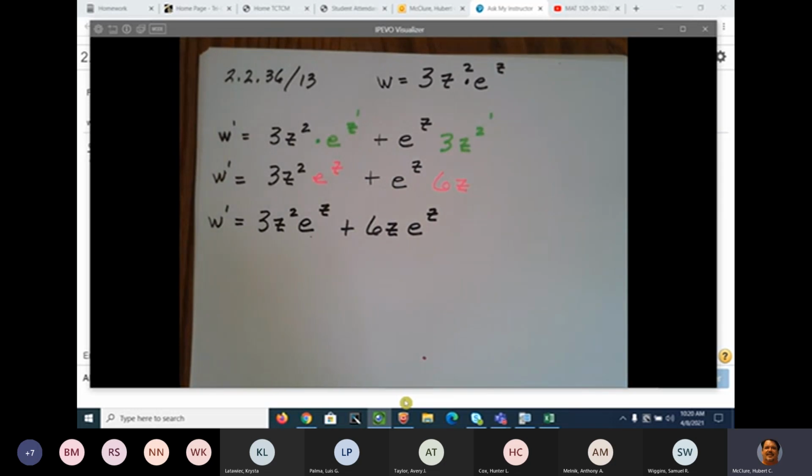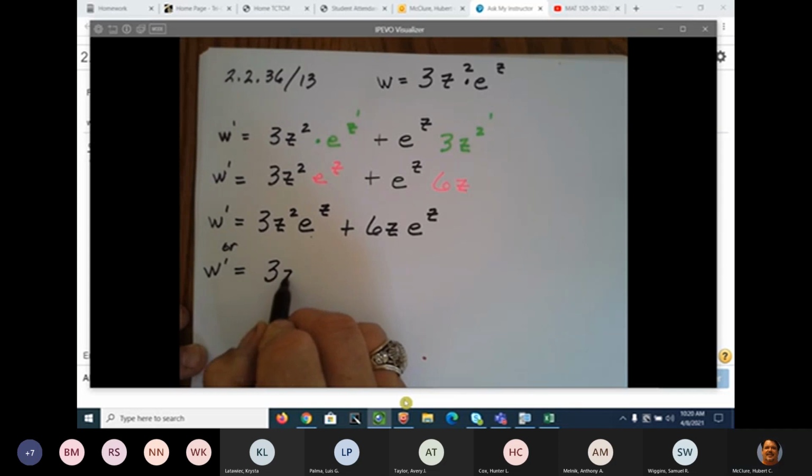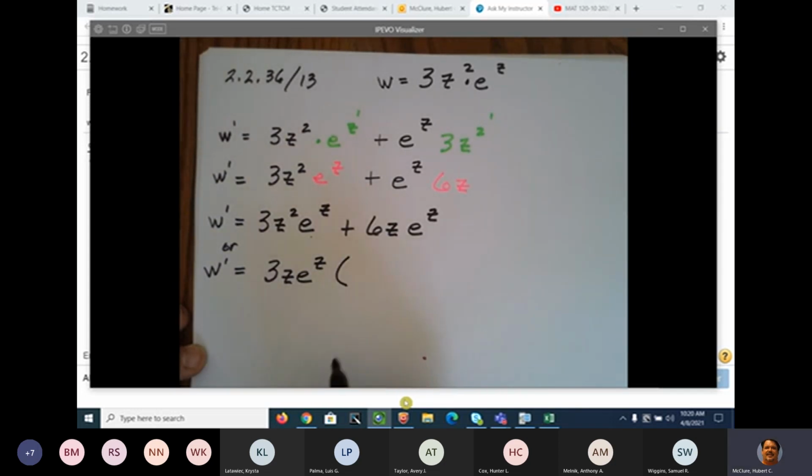And you could actually factor out. I'm going to factor out a 3z. Is everybody okay with that? 3z e to the z. And that's going to leave what? z plus 2.